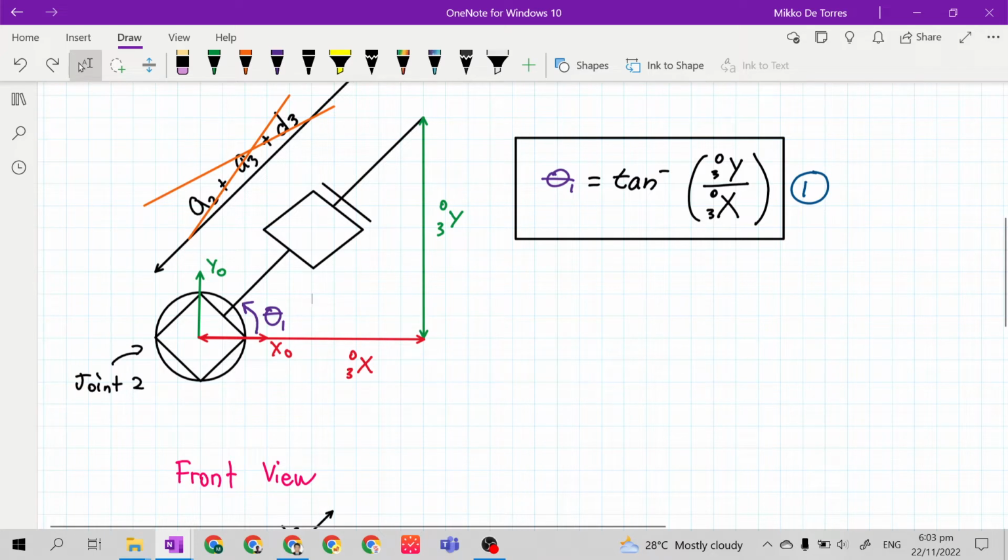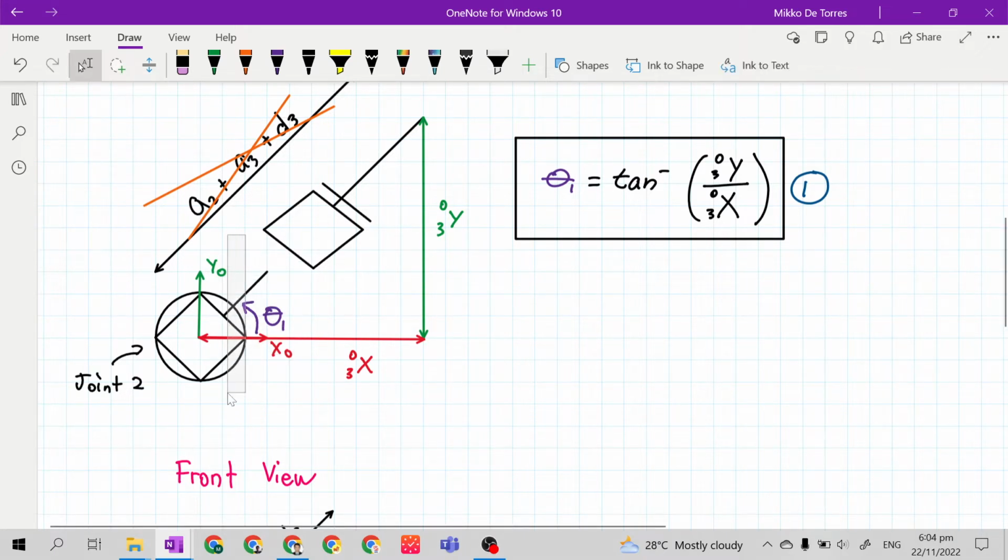But in reality, this could not be the drawing of the top view if theta 1 is equal to negative 20 degrees; it would just look like this.